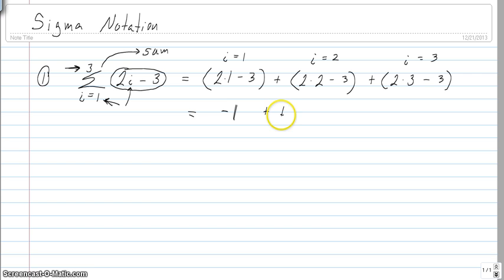Negative 1 plus 1 plus 3, 6 minus 3, so that would be 3. And that's really the idea of how the sigma notation works. So what the sigma notation will let you do is express a sum more concisely and neatly.